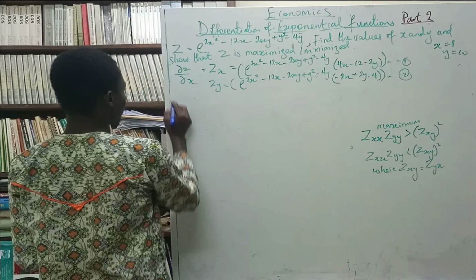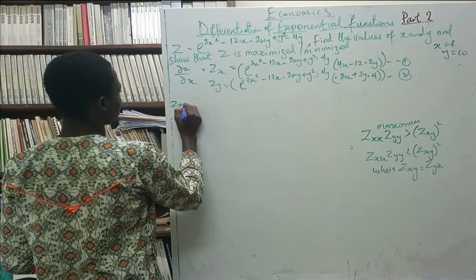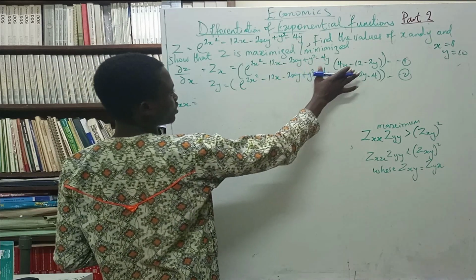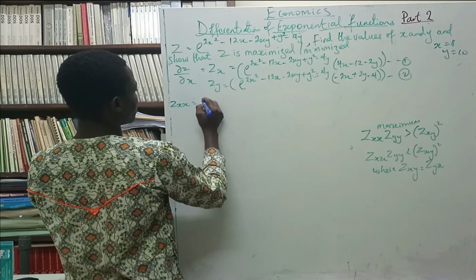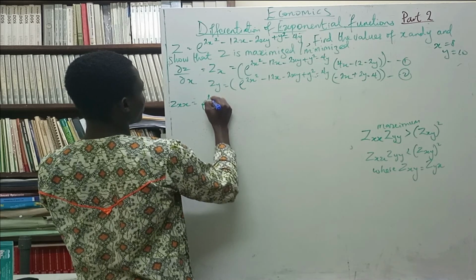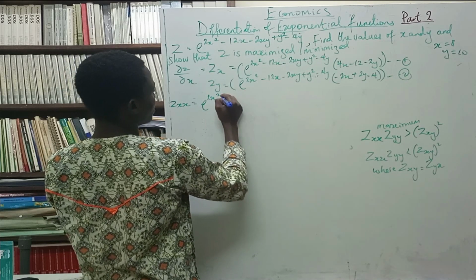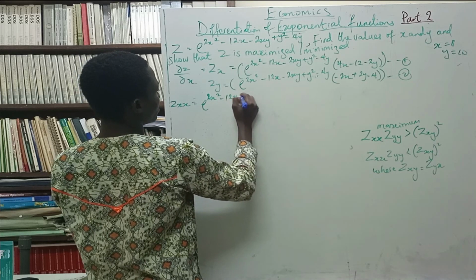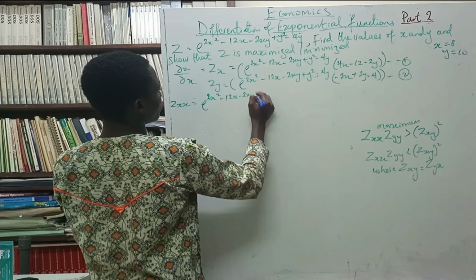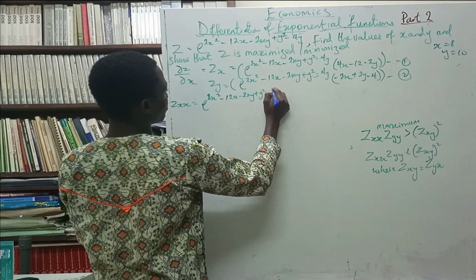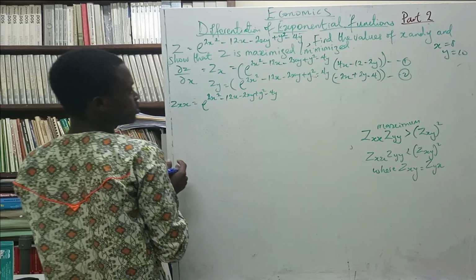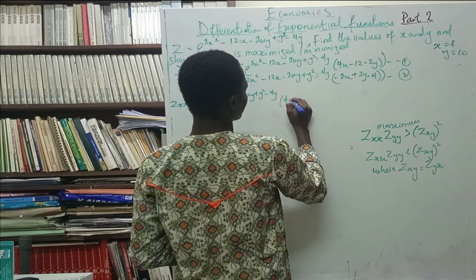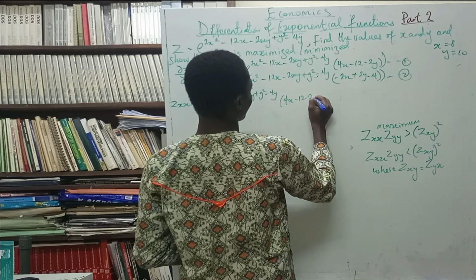So zxx is going to be, we leave this, we differentiate this, which is e raised to 2x squared minus 12x minus 2xy plus y squared minus 4y, into bracket 4x minus 12 minus 2y.